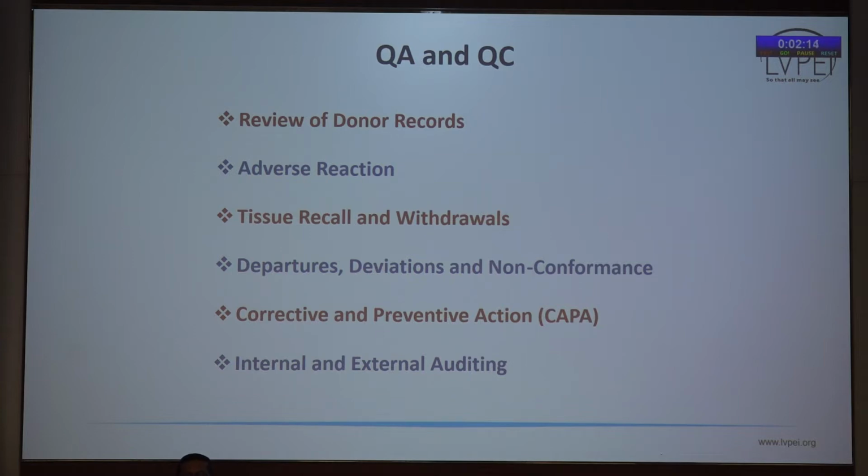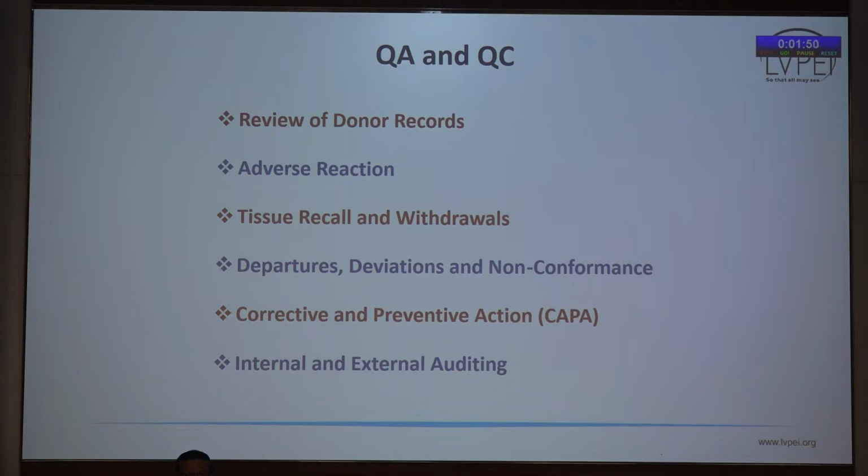Review of donor records: some people do 10% of the collection. You can decide whatever you want, either 10% or 20% in a month or 2 months, but that should be written in the SOP. Then adverse reaction: most of the time the cornea surgeon forgets to report it to the eye bank. We don't get the adverse reaction report. I always say it's like endophthalmitis.